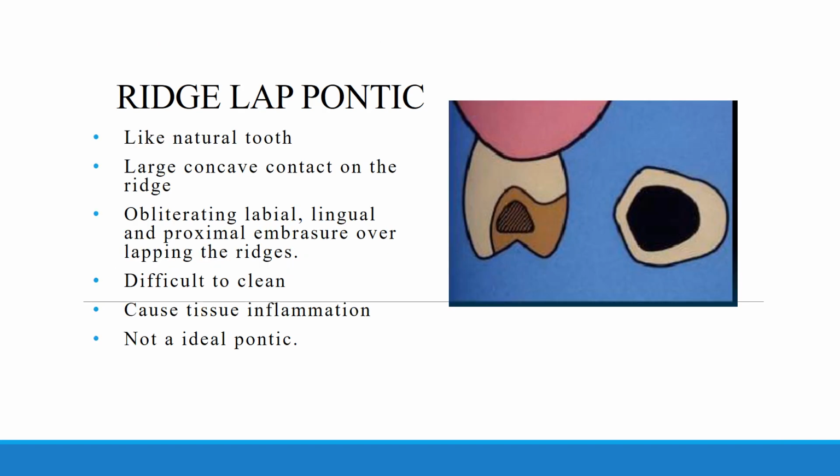Okay. So now I'm coming to the pontic design. So ridge lap pontic looks like a natural tooth. Can you see? That's how the large concave contact on the ridge obliterates labial, lingual, and proximal embrasures, overlapping the ridges.